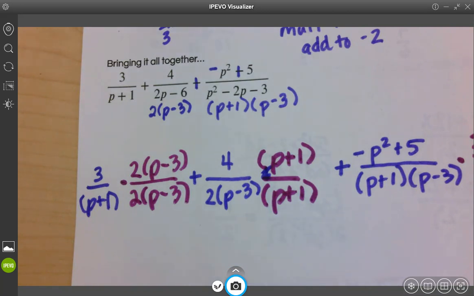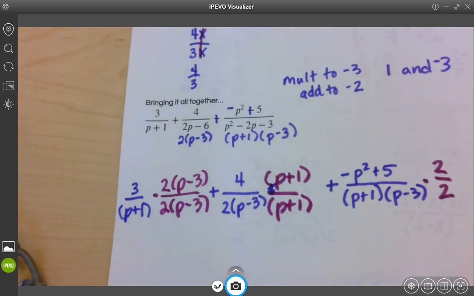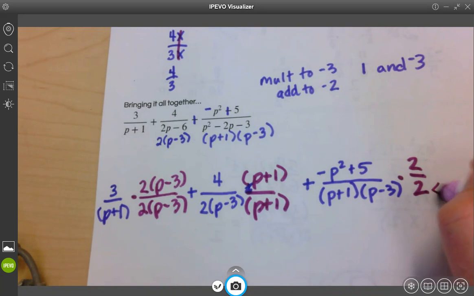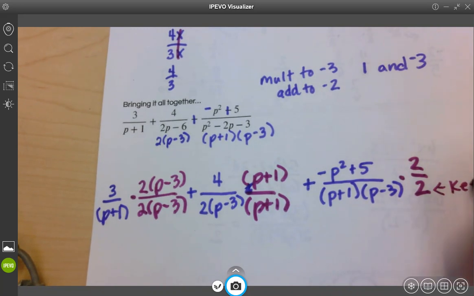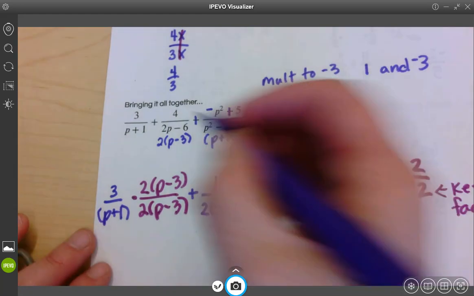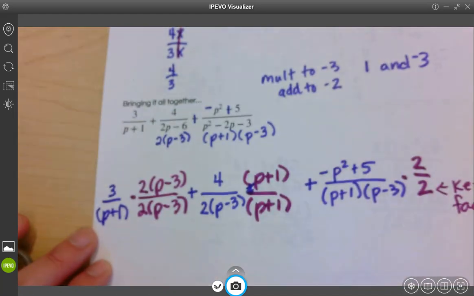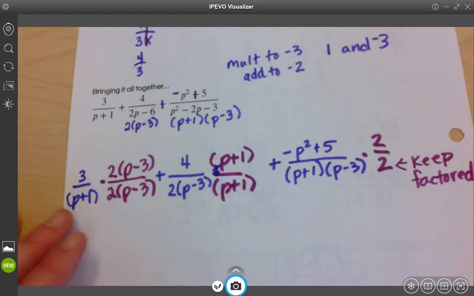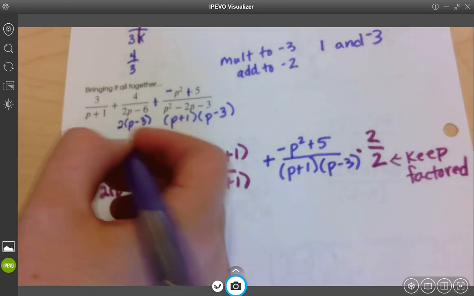All right. Oh, you can't see that last part. So, keep your denominator factored, but multiply your numerators. All right, so this 3 times 2 gives me what? Should give me 6, right?